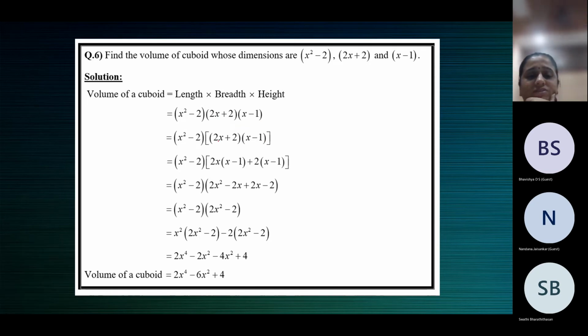So how do you multiply? The first term, 2x, into the second bracket, x minus 1, plus 2, the second term, into the second bracket, x minus 1.